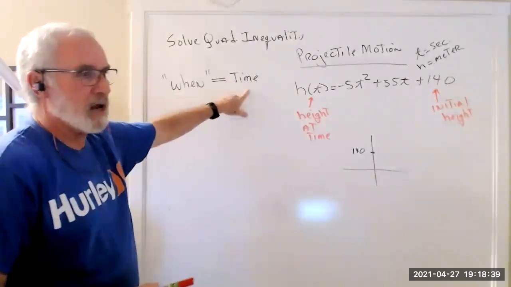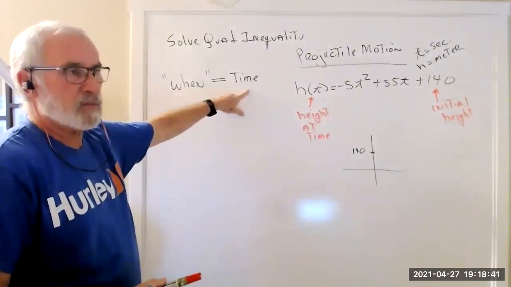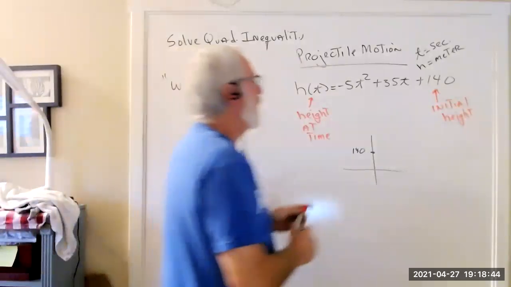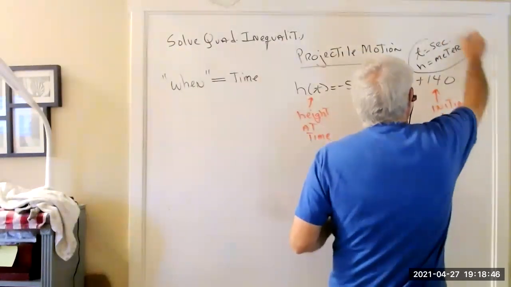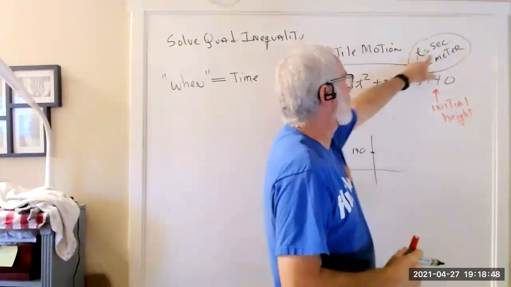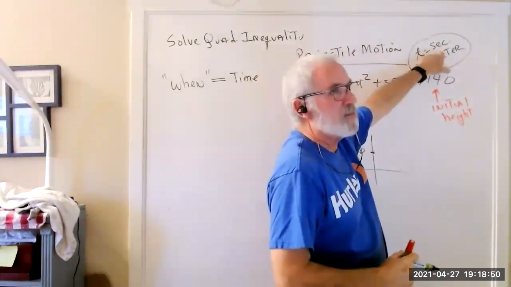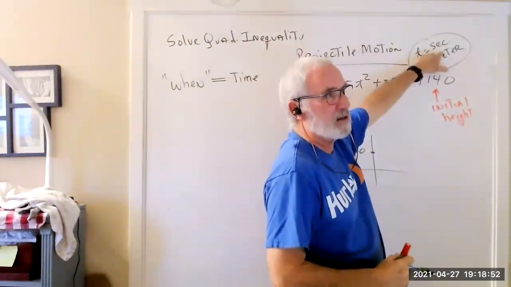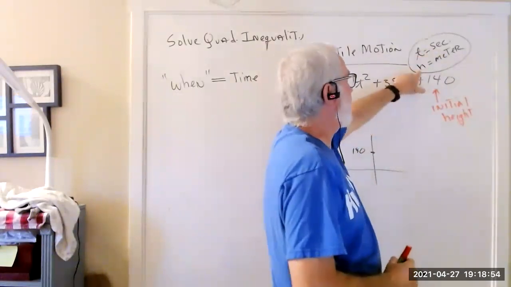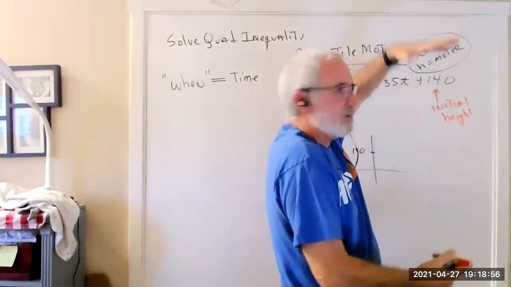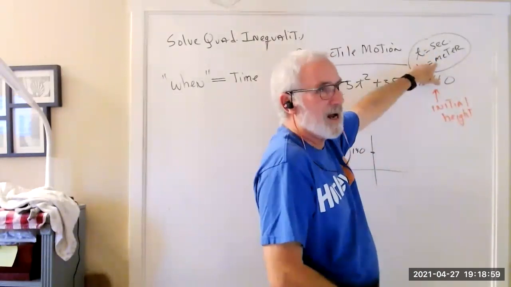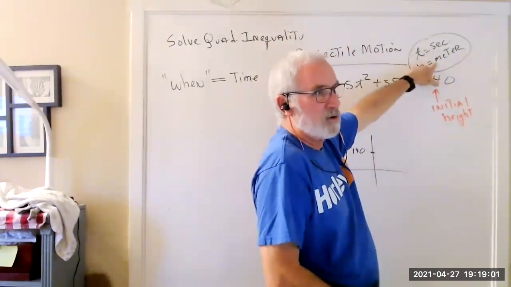When means time. And they always gave you something like this. The time might have been seconds or minutes or hours or something like that. The height is always distance: meters, inches, miles, whatever.